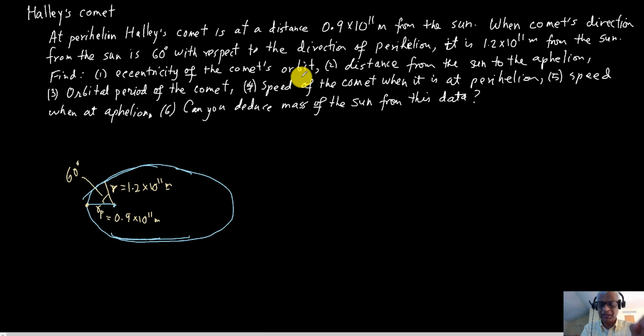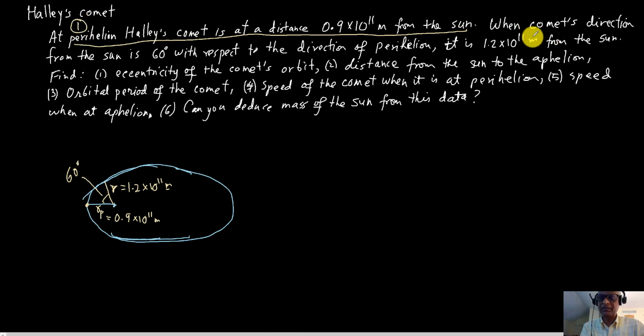Of course, observations are made based on Earth, and then you can convert that to observations made with respect to the sun. That part I'm not covering here, but here are two observations. One is perihelion, so I make an observation at perihelion. So this is one data point.